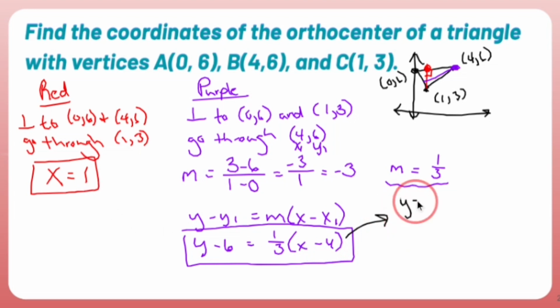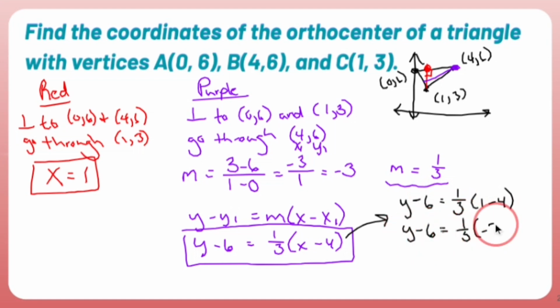So y minus 6 equals 1/3 times (1 minus 4). y minus 6 equals 1/3 times negative 3, because 1 minus 4 is negative 3. y minus 6 equals negative 1, since 1/3 times negative 3 is negative 1. Add 6 to both sides, and y is 7. Nope, y is 5. I was going to say 7 wouldn't make sense. That would fall out here. 5 seems to be a whole lot nicer.